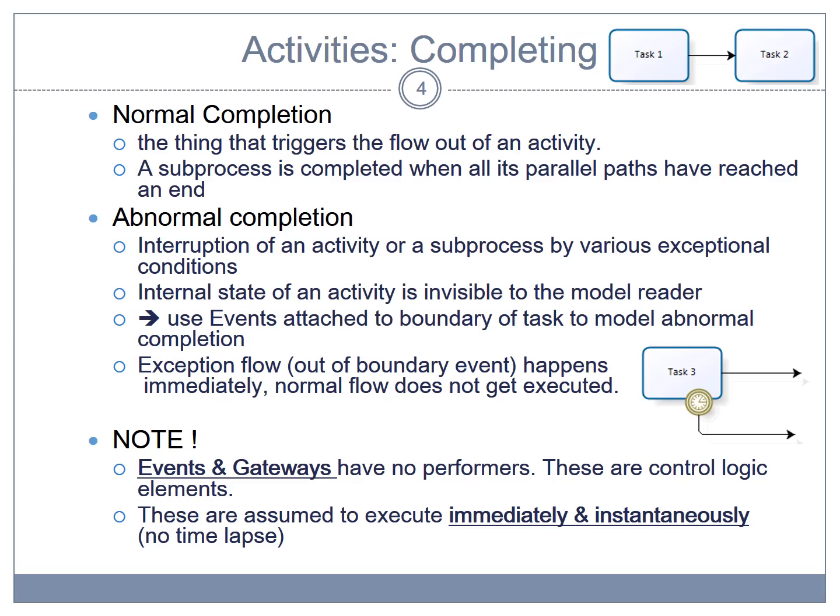If it doesn't finish in time, it means that the exception flow is followed. That means the arrow that is attached to this timer event. In case of the normal completion, it's the arrow at the top, the one that goes in the normal way out of the task. So it is like a choice between either normal completion or abnormal completion.